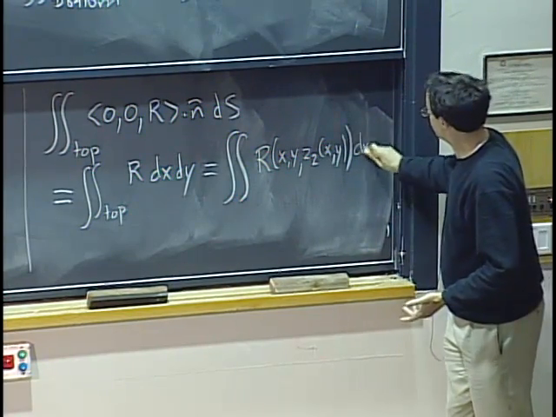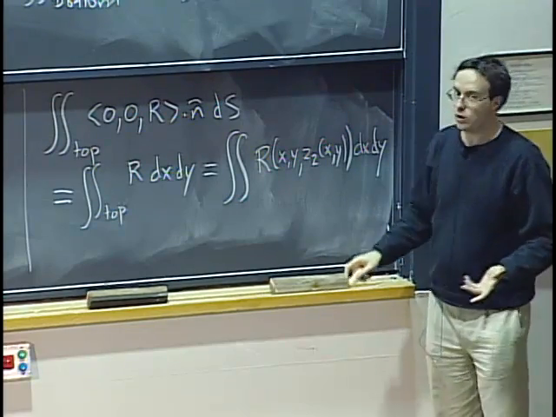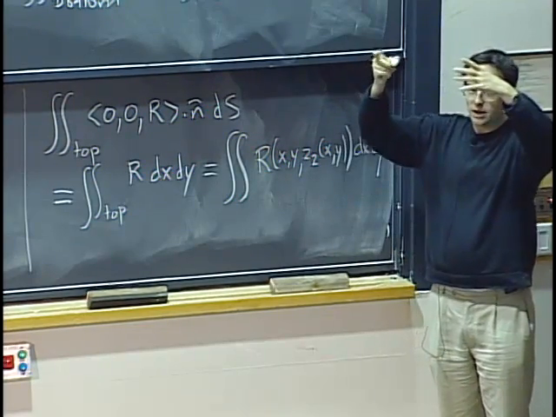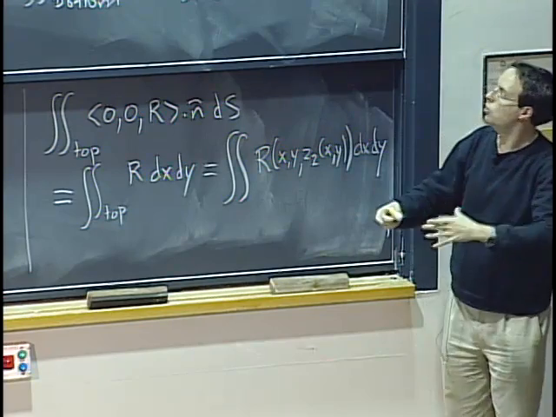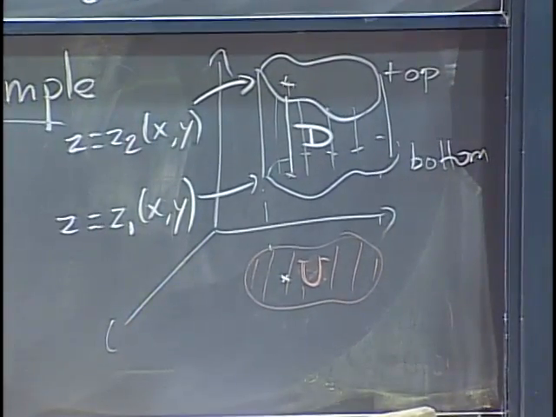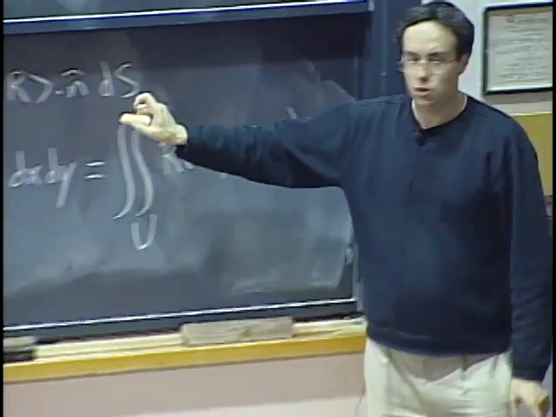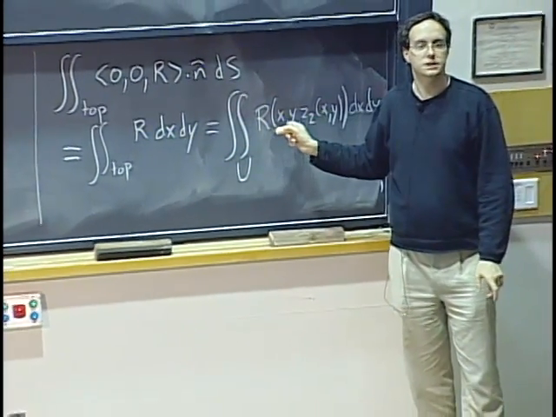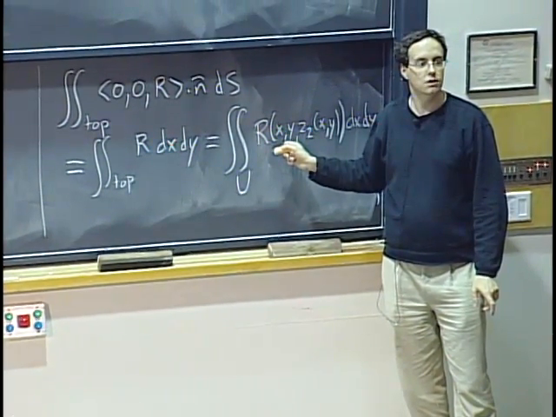Then I integrate dx dy. And what's the range for x and y? My surface sits exactly above this region U in the xy plane, so it's a double integral over U. Any questions about how I set up this flux integral?